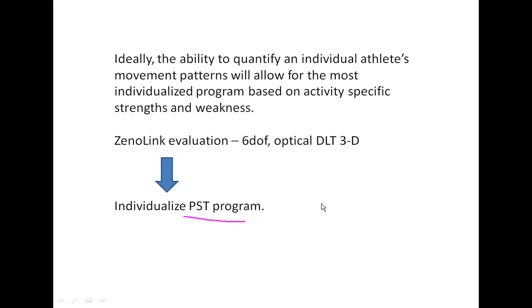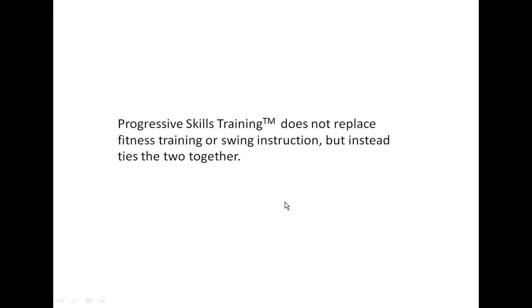And obviously it's all relative, but it goes beyond just the average athlete that can make the massive gains when this approach is applied. So I want to reiterate, as I've reiterated a couple different times, that progressive skill training does not replace fitness training or swing instruction or coaching at all, but instead ties the two together.